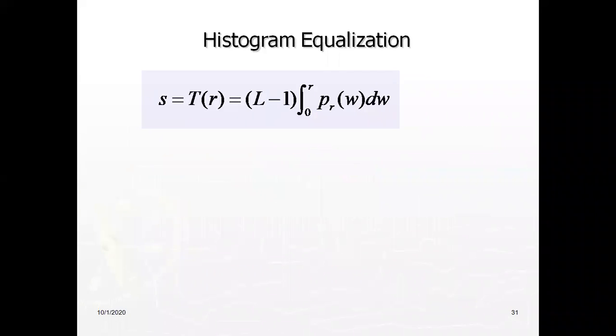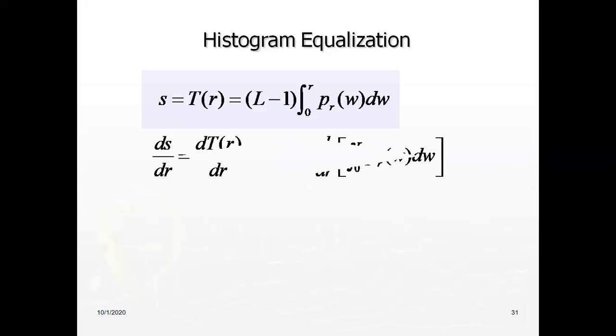So the transformation now, s is equal to T(r), will be equal to L minus 1 times the integral from 0 to r of p_r(w) dw. This is the full-fledged transformation from r to s, which gives s is equal to T(r) is equal to L minus 1 times the integral from 0 to r of p_r(w) dw. So ds by dr will be equal to dT(r) by dr. You can differentiate the equation given over here.